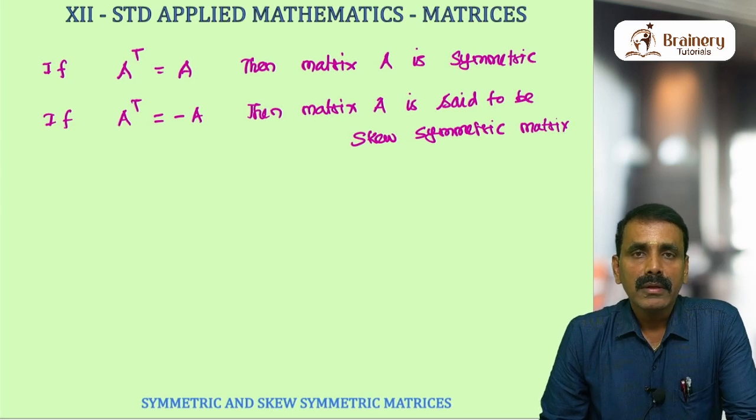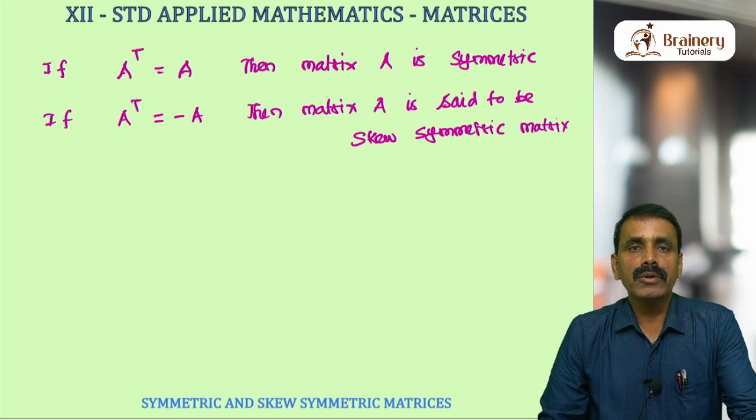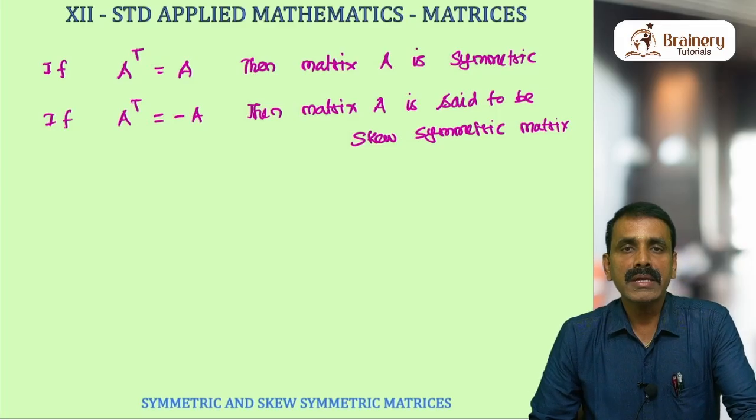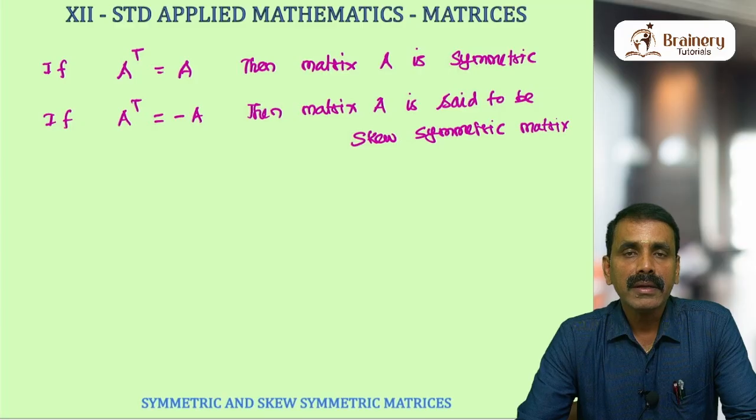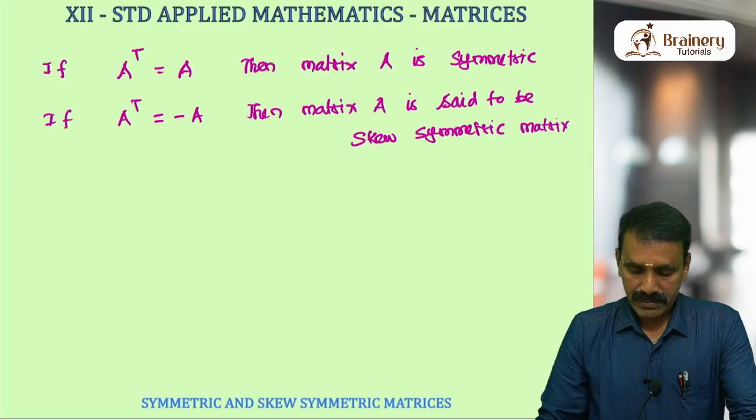So if A transpose is equal to A, then matrix A is said to be a symmetric matrix. If A transpose is equal to minus A, then A is said to be a skew symmetric matrix.